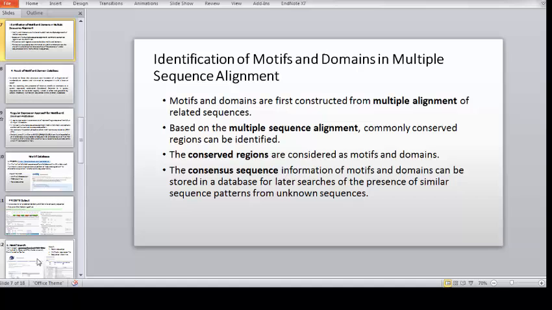Then these conserved regions can be drawn into a consensus sequence, and that consensus sequence is considered a motif or domain. Then these consensus sequences can be validated by different biological experiments, and finally we will submit them into the motif and domain databases.